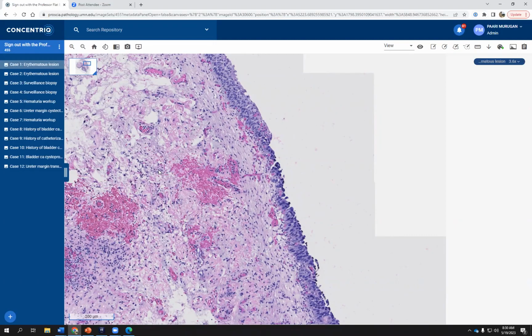But when there are just focal areas of carcinoma in situ, it might be an incidental finding. For example, a urologist goes in for, let's say, a bladder stone, and then they find some erythematous areas that are away from the stone, so they get suspicious and they biopsy those areas. So it might be an incidental finding in these isolated cases. And more often, of course, we see this in patients who are heavy smokers and who have a long smoking history. So that's another thing to be aware of, smoking history.